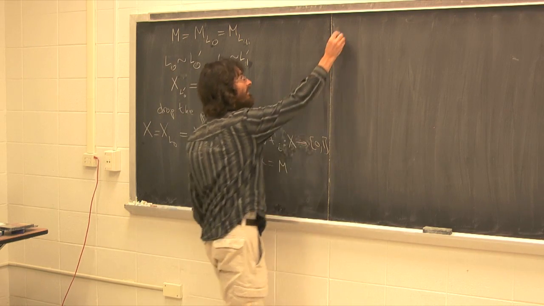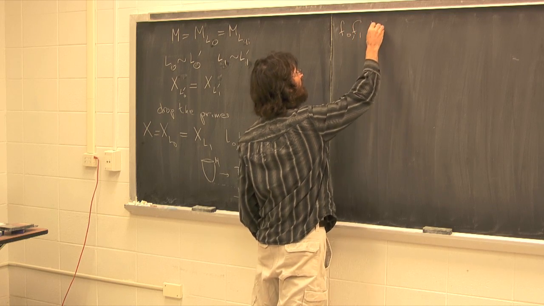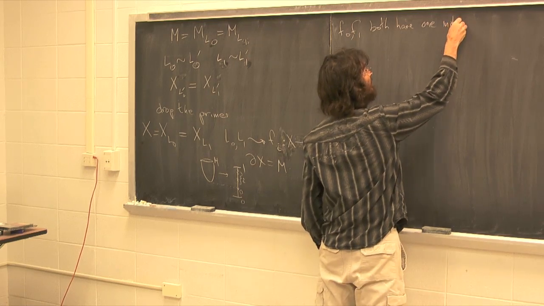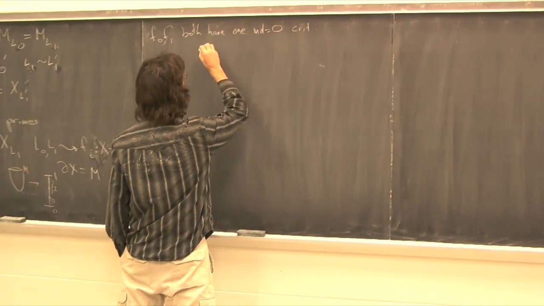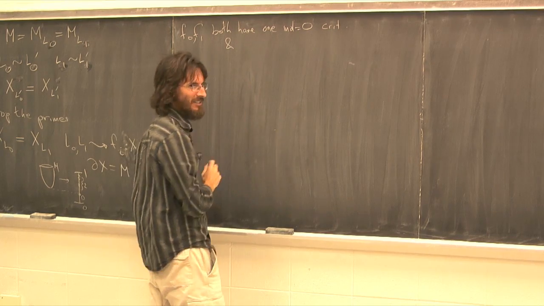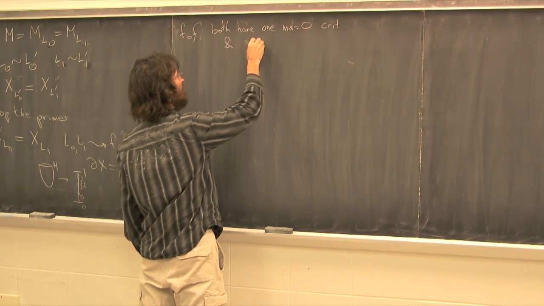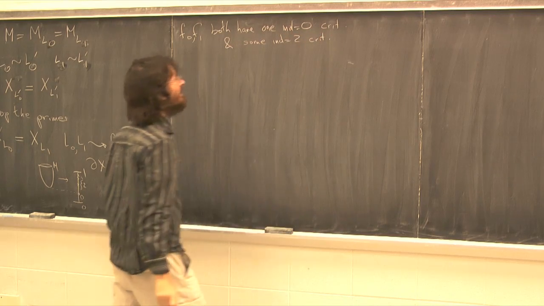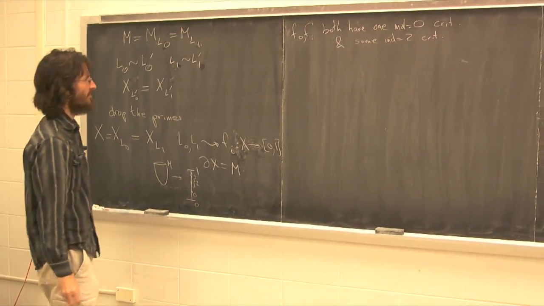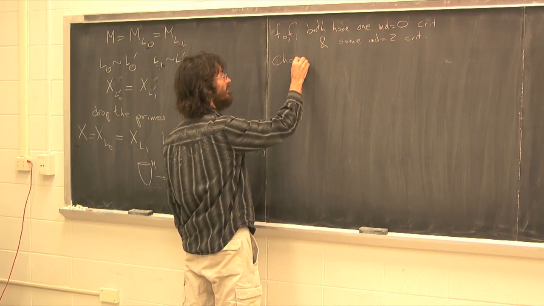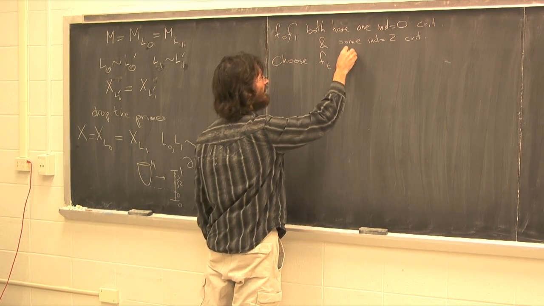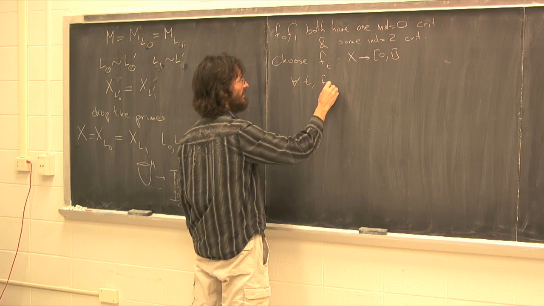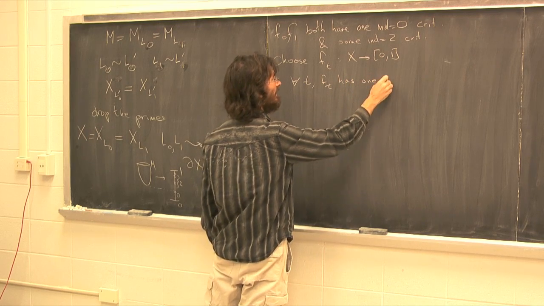So F0 and F1 both have one index 0 critical point, some number of index 2 critical points, actually the same number as we discussed, but no index 1 critical points. And then we choose a generic homotopy F sub t connecting them from X to [0,1]. Now we can assume that for all t, F sub t has one index 0 critical point.